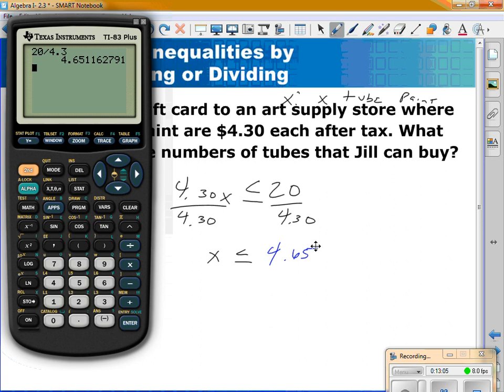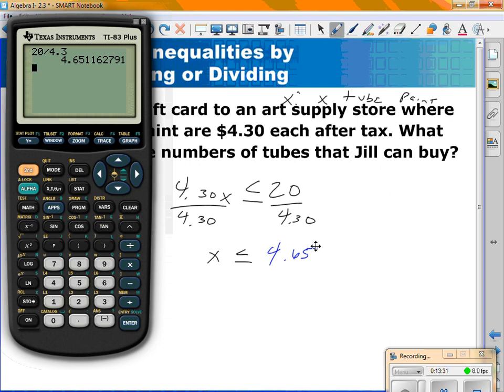So, realistically, can I buy 4.65 tubes of paint? No. Go to the store and buy me 4.65 bags of chips.